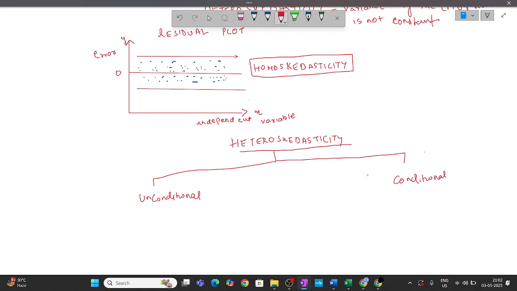See, in unconditional heteroscedasticity, variance of the error term is not constant. It varies, but it does not change because of the independent variable, right?